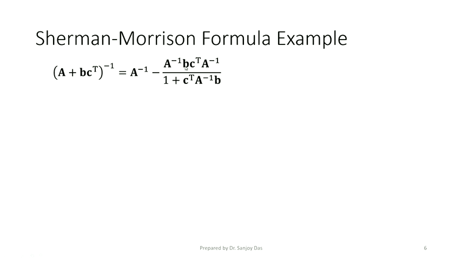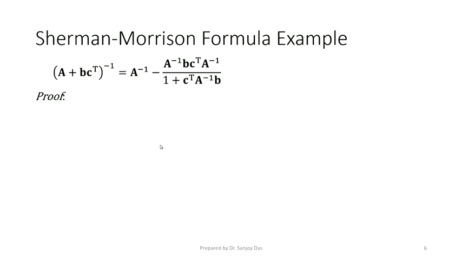The numerator of this term is a matrix, but it's divided by a scalar. You cannot divide a scalar or vector or a matrix by a vector or a matrix. So when you have something in the denominator, make sure that it's a scalar quantity. 1 is a scalar here. C transpose A inverse B, if you look at the dimensions, will give you a scalar. Okay? So let's prove it.